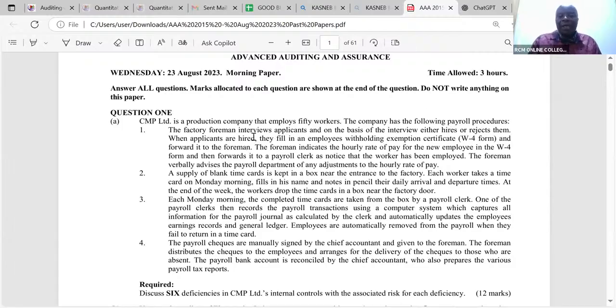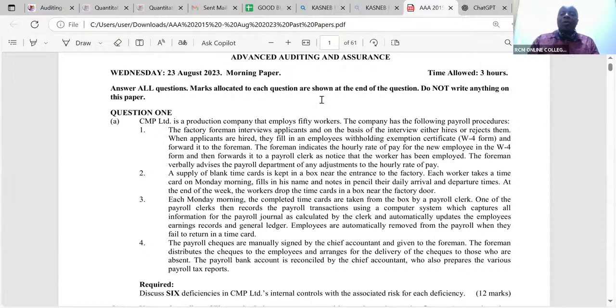The factory foreman interviews applicants and on the basis of the interview, either hires or rejects them. Just a foreman. Not HR.